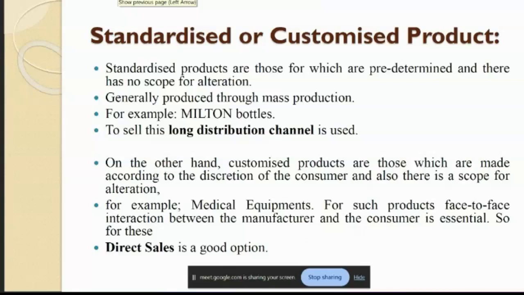You will have your medical representatives go to doctors, meet them, understand their requirement, and let your production team know the requirement, and then the product will be developed. So a standardized product will require a long distribution. If your product is very customized or needs alterations, you will not choose a very long distribution. You will try to build a short distribution through your direct sales.